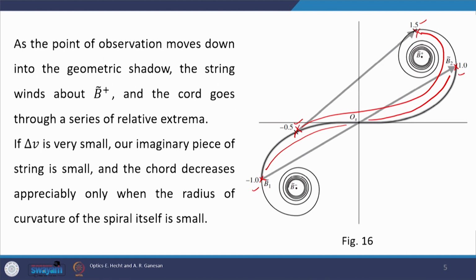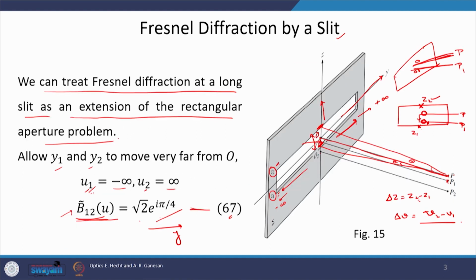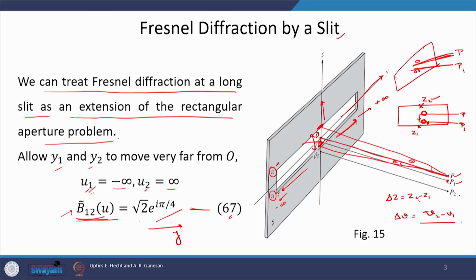Let me show these things in this figure. Initially the point of observation was P; if we move a bit down, the new point of observation is P1, and at P1 the curve is spiraling up in the first quadrant. If we go further down to point P2, then the new origin would be O2.